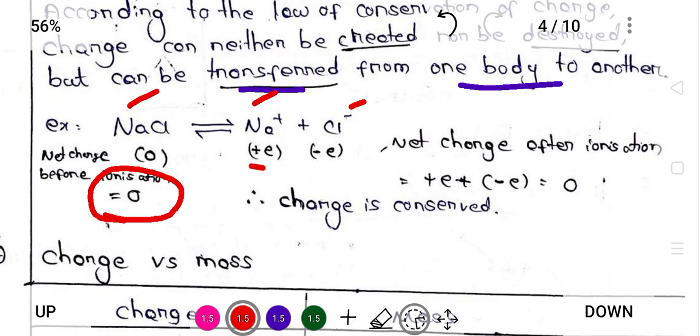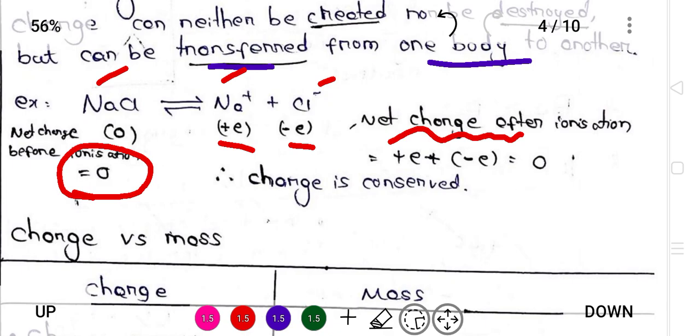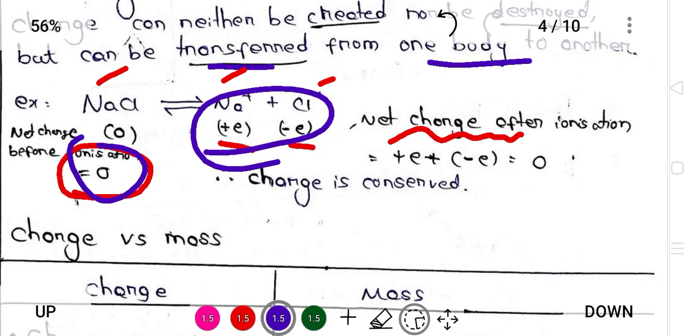The Na plus ion has a charge of plus e, the Cl minus ion has a charge of minus e. So the net charge after ionization is plus e plus minus e, which is equal to 0. Hence the left side charge is 0, and the right side sum of the charges is also 0.